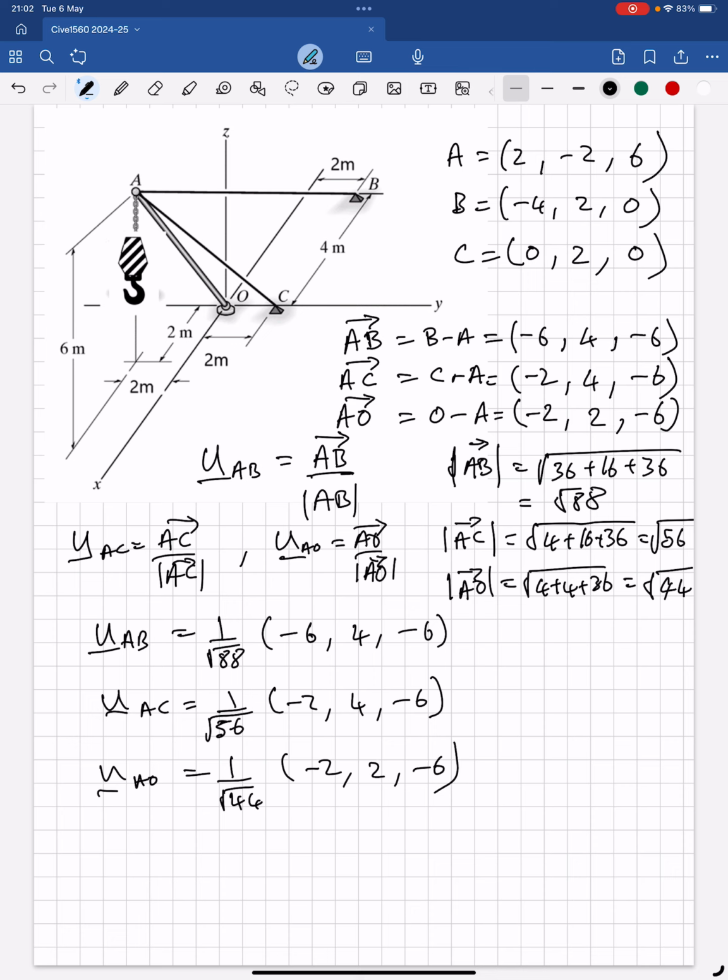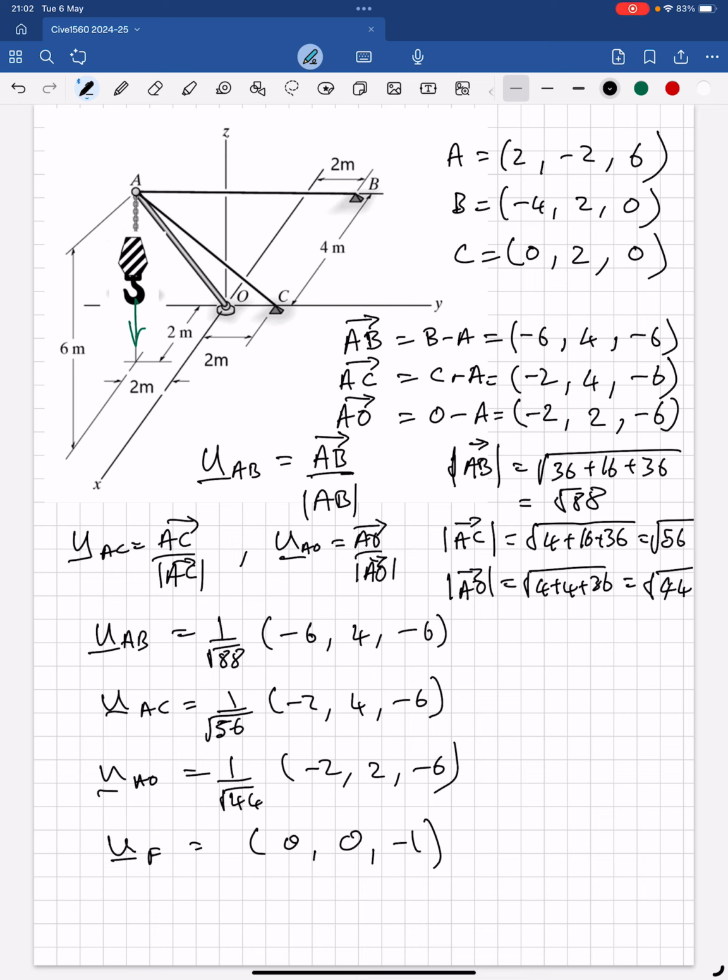The one thing we have left is the unit vector in the direction of our force acting down, and I'll call that unit vector of F. Well, it's acting down, so it's just 0, 0, minus 1.